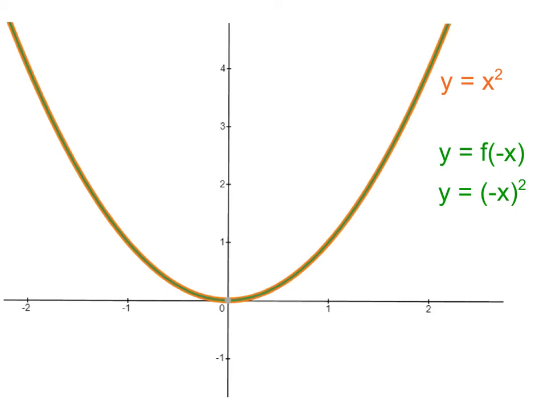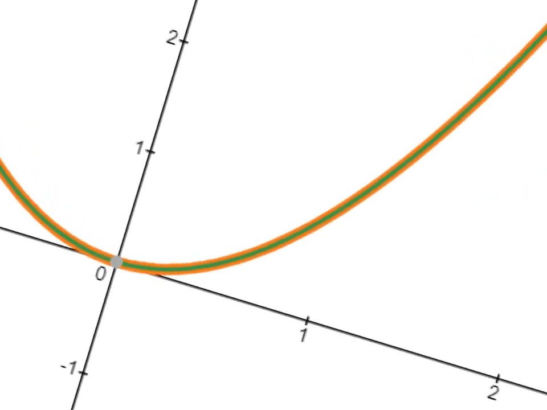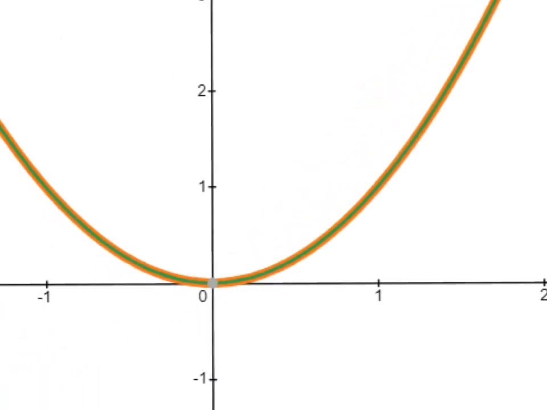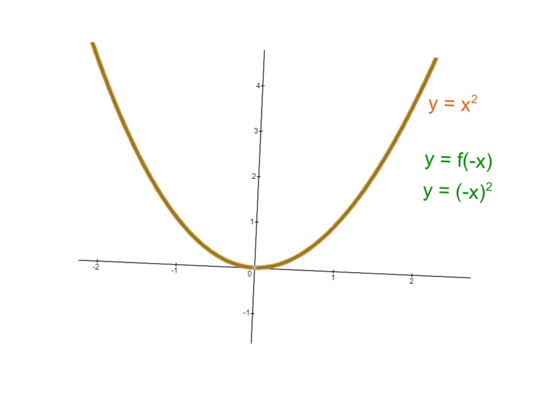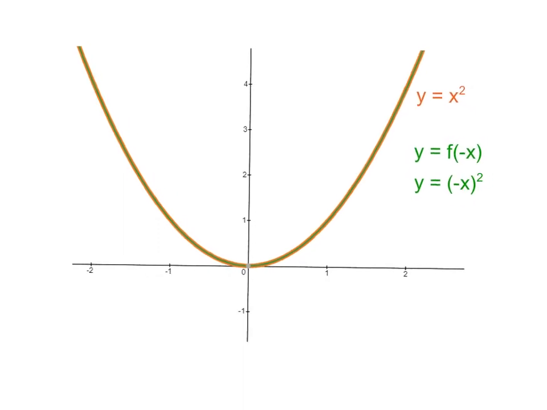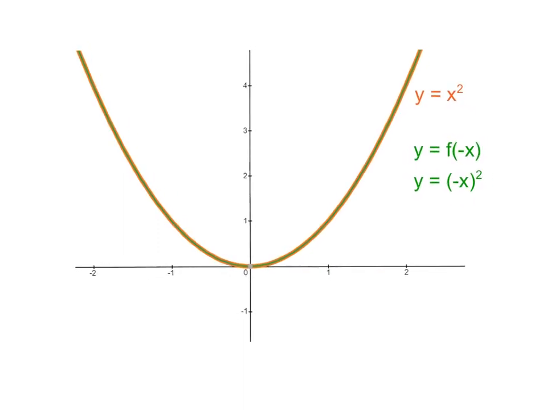And here's one more. Now this one's really hard to show. My original graph of y equals x squared was this orange curve. I don't know if you can see it, but there's actually a green curve drawn on top of that. Can you see that if I zoom in? The green one has been drawn right on top of it. What's actually happened is y equals x squared and y equals f of negative x are the exact same.